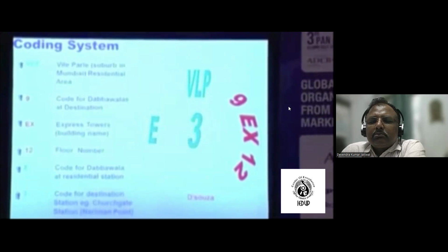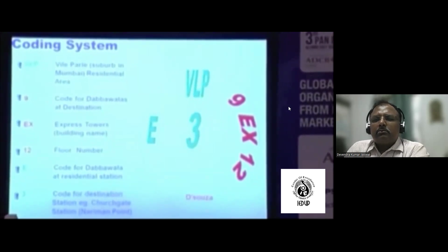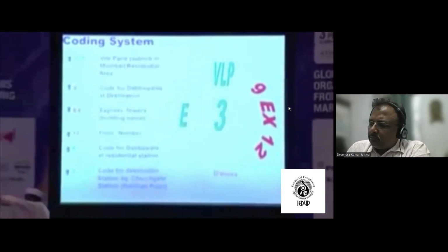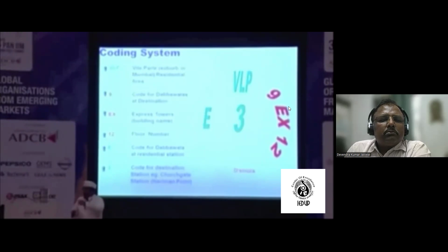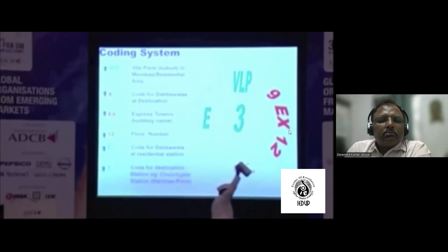See, try to understand. This is VLP. VLP stands for Ville Parle, the residential station of the customer. E stands for the Dabbawala who will collect your tiffin from Ville Parle. When he collects from Ville Parle, your working area is number 3, called Nariman Point. It means the Dabbawala will come to Ville Parle and this tiffin will travel from Ville Parle to Nariman Point.